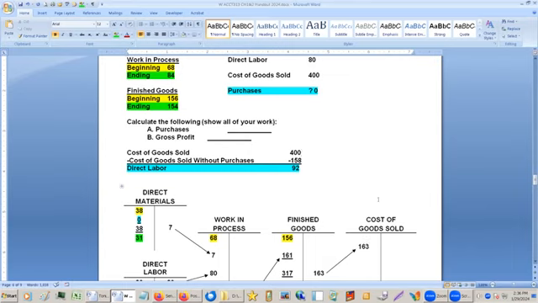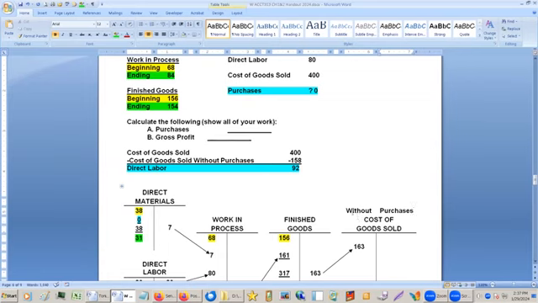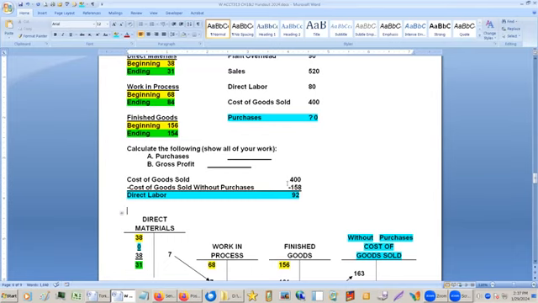Cost of goods sold without purchases was 163. So it's 400 minus 163. 237.